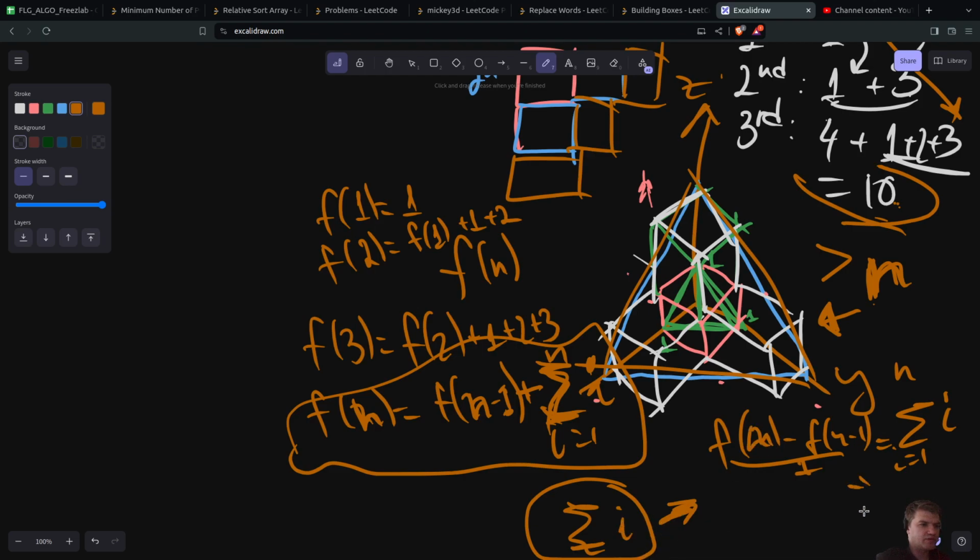And if we do this, it's going to be n minus 1, n plus 1, no, by n over 2, something like that.